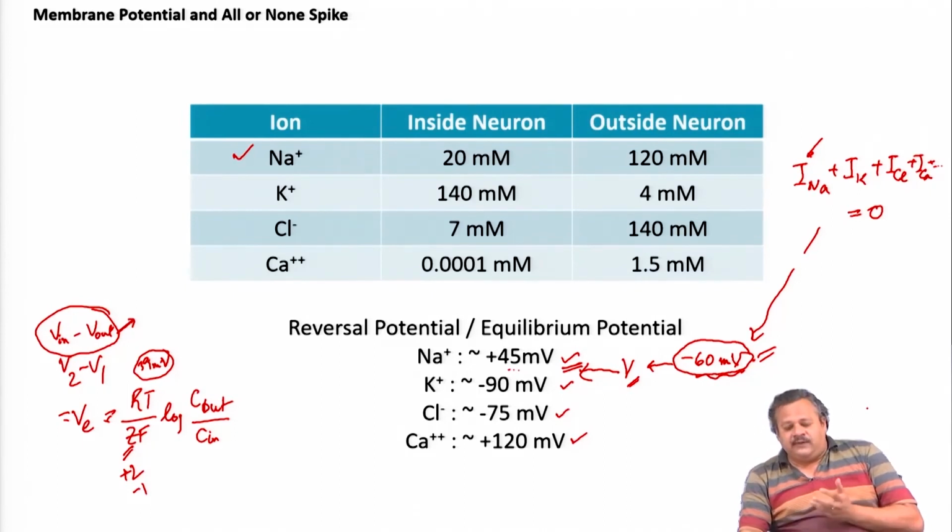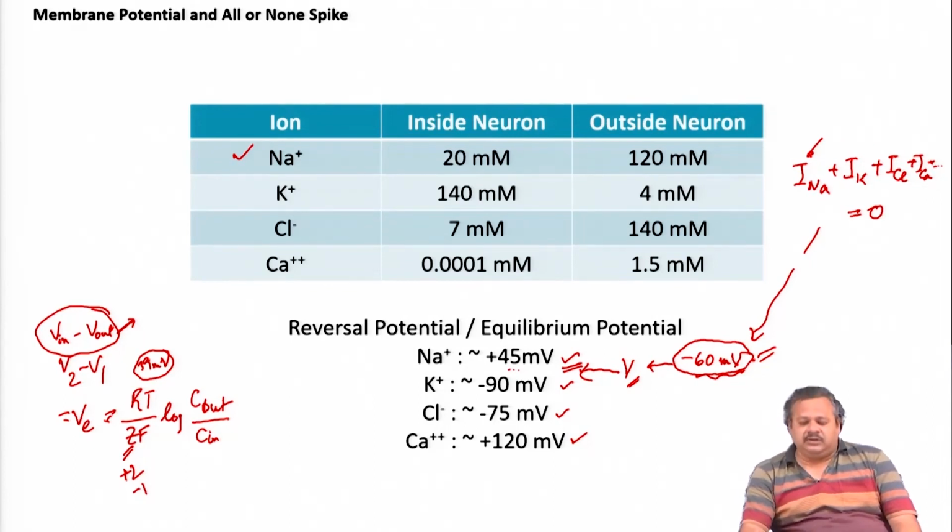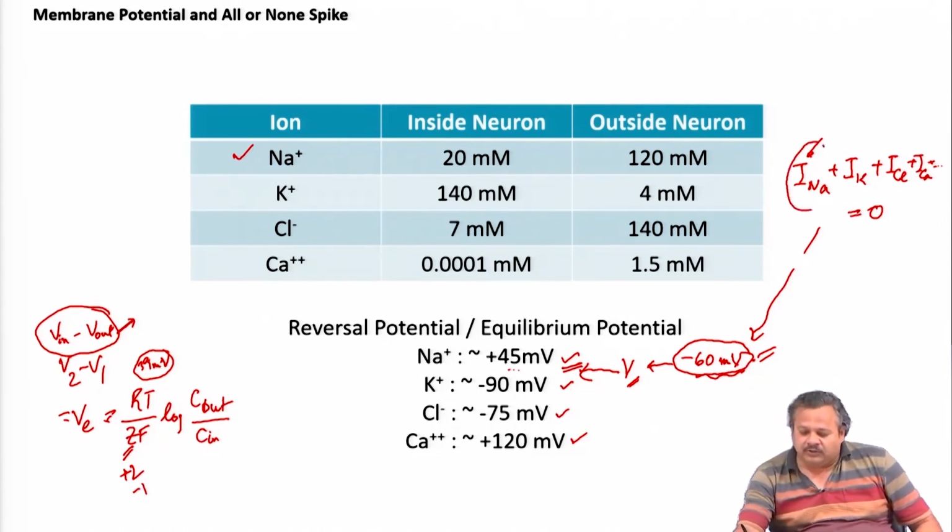So, if at minus 60 millivolts all the paths for sodium to flow inside or outside of the neuron are 0, that is, there is no path available, then this I_Na also would be 0.